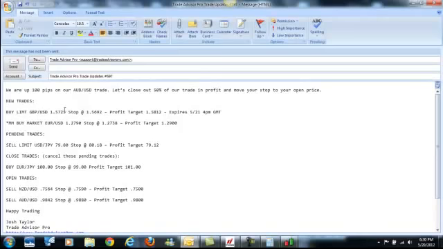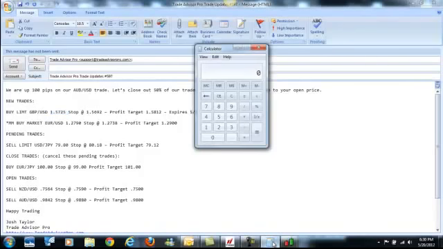Now we have a stop loss, a price of 1.5725, and our stop loss is 1.5692. So we're going to put in that number minus 1.5692 equals 33 pips.